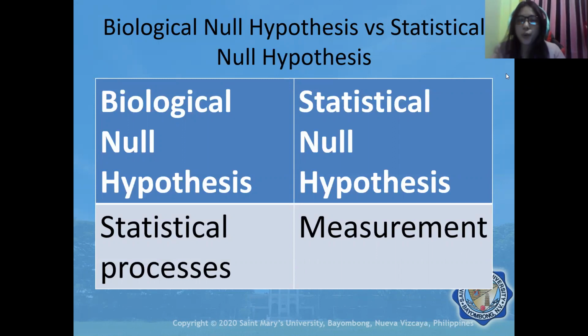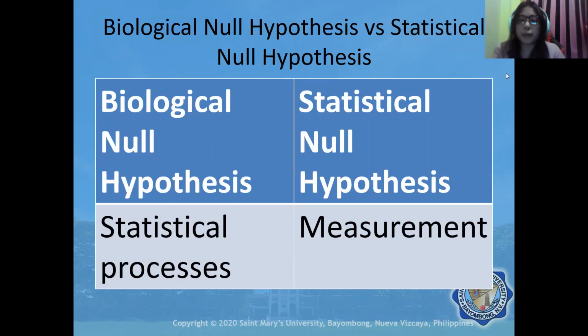And we know that we have this null hypothesis and alternative hypothesis, and we also have to check this using inferential statistics for us to come up with a decision.